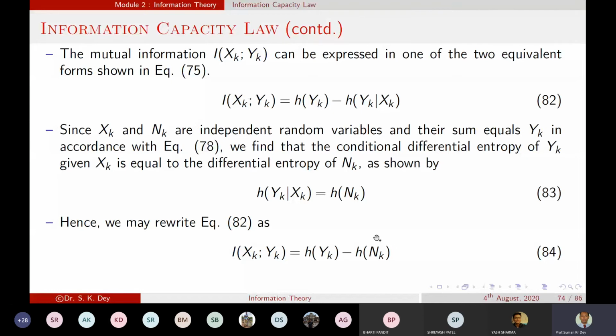But when there is noise in the channel, no one has control over the noise. You cannot change it. Whenever a channel is there, the property of the channel is fixed. Normally the property of the noise, if we consider the Gaussian distribution channel, says the mean value equals 0 and the variance equals sigma square of the channel.